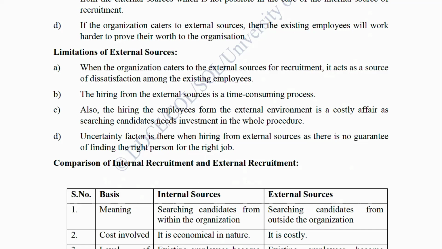Third, hiring employees from the external environment is also a costly affair, as searching for candidates needs investment in the whole procedure. Fourth, there is an uncertainty factor when hiring from external sources, as there is no guarantee of finding the right person for the right job.